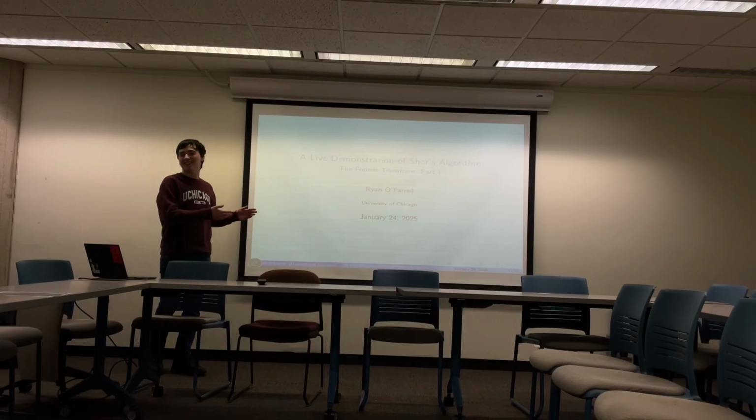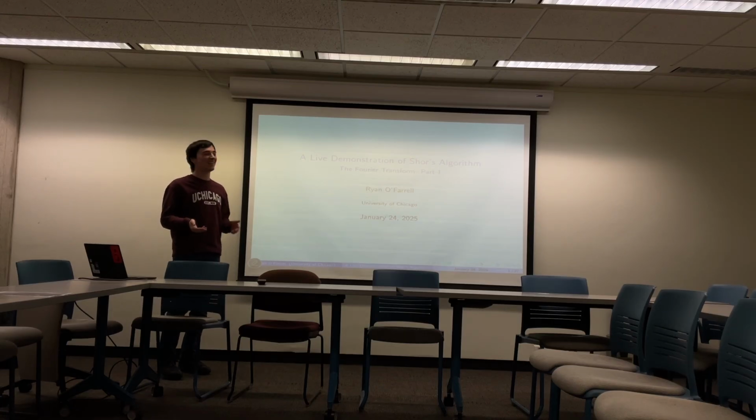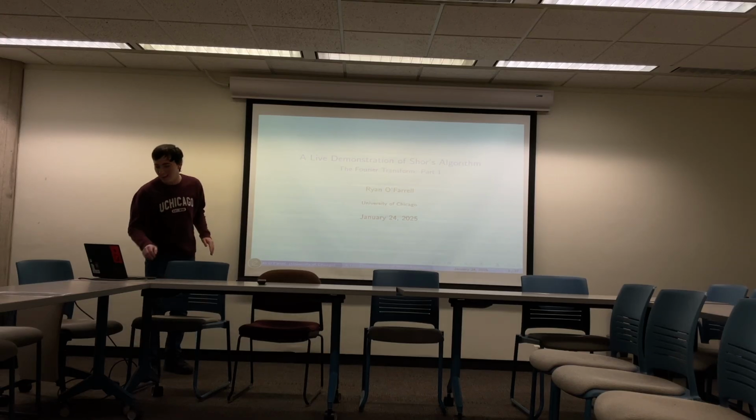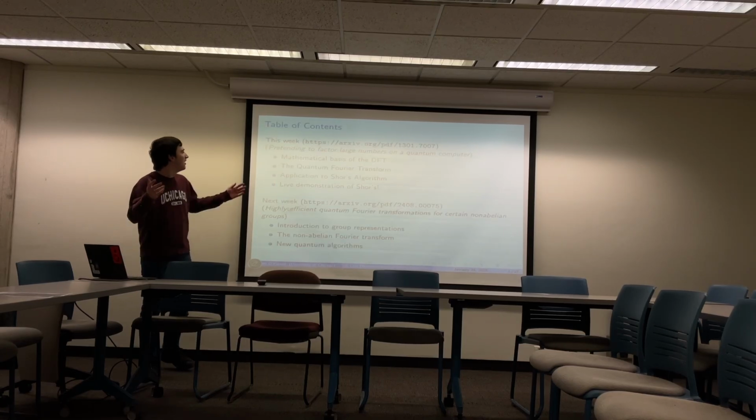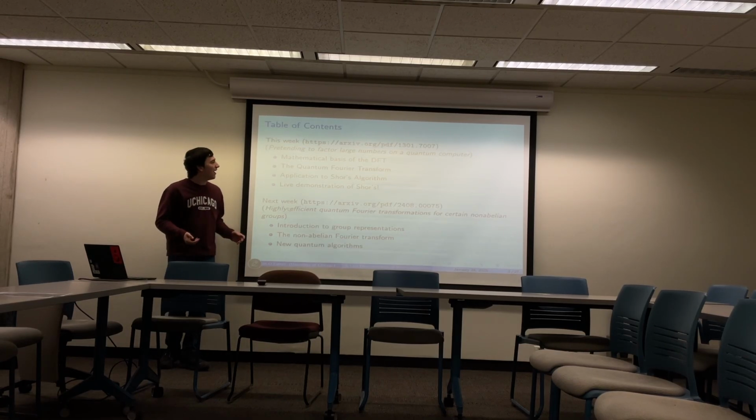This is, as I announced, going to be a two-part series on Fourier transforms and quantum computing. And as I advertised, this week we're going to see a live demonstration of Shor's algorithm at the end. But first we have to go through all this other stuff before we get to the punchline for this week.